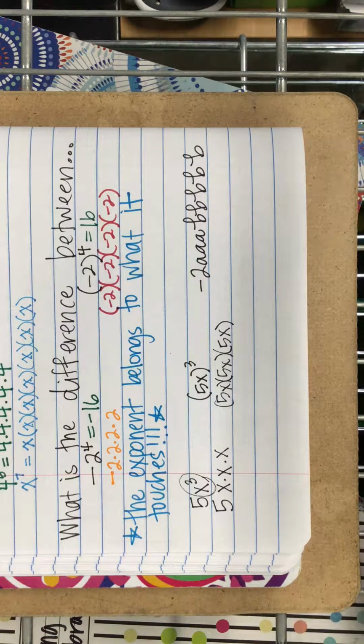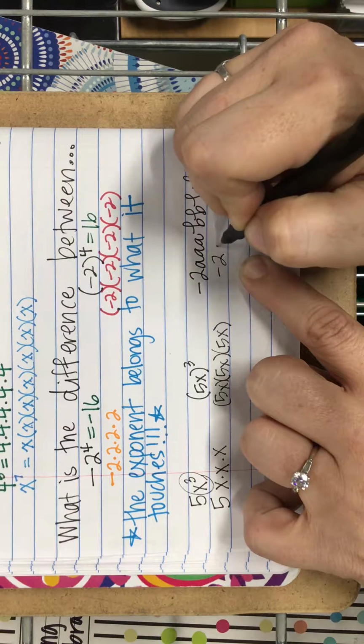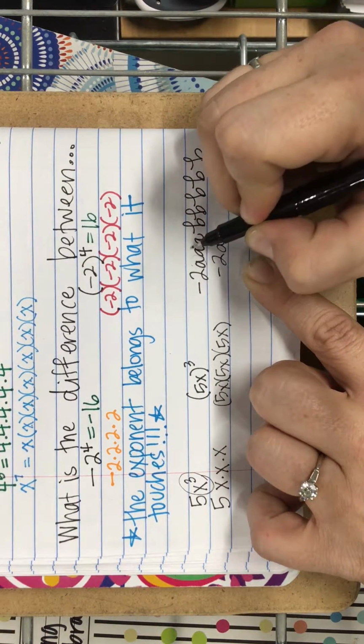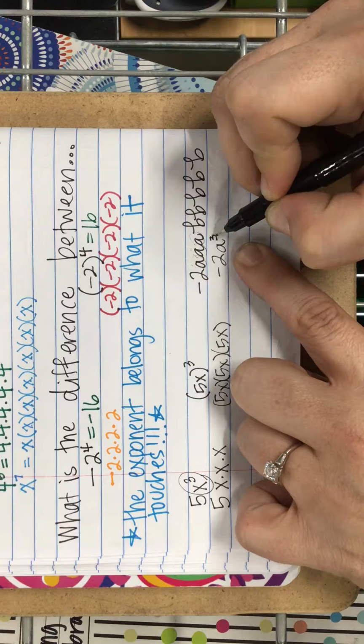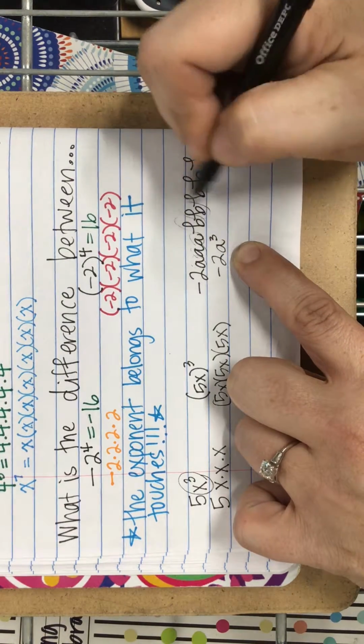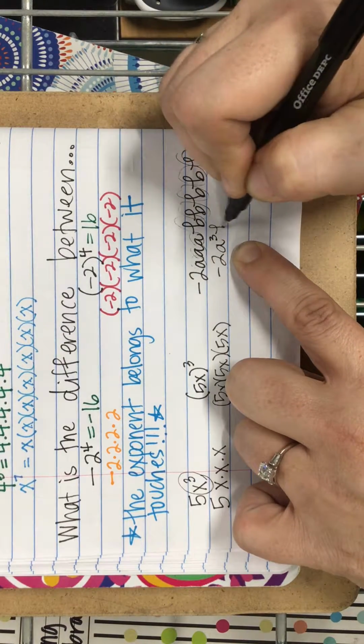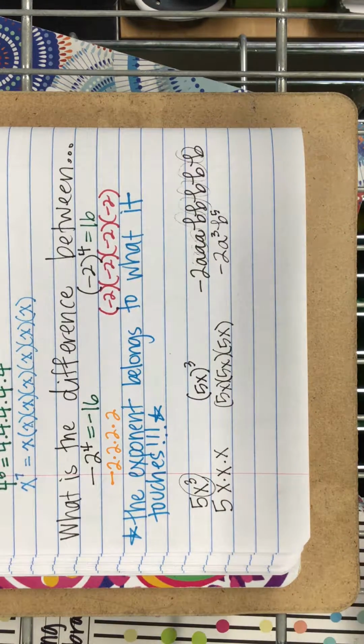Natasha? -2, a to the third, and b to the fifth. Good. Because there's 3 a's, a times a times a could be a to the third. And then b to the fifth, because there's 5 b's. I just simplified it. I made it easier. I don't know the answer. If they said a was 1 and b was 10, I could figure it out, right? It would be a big number.